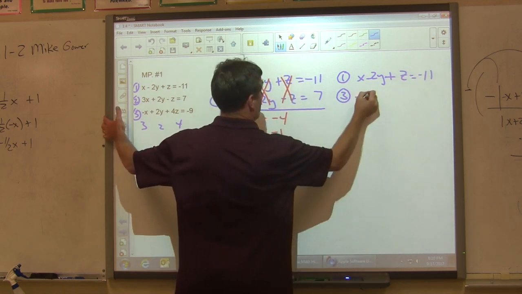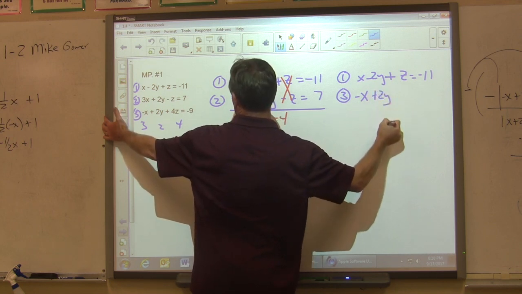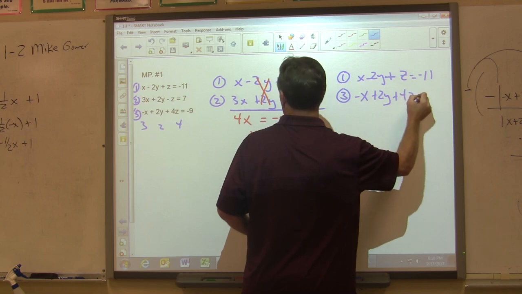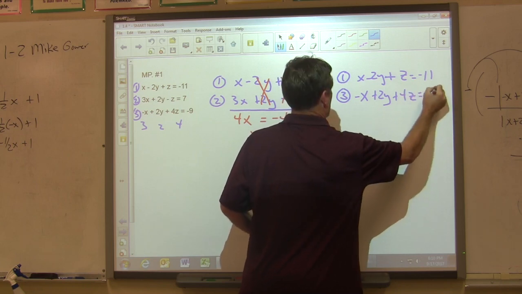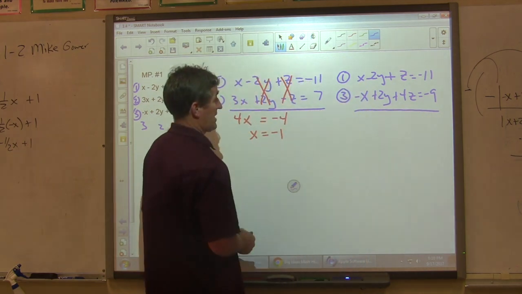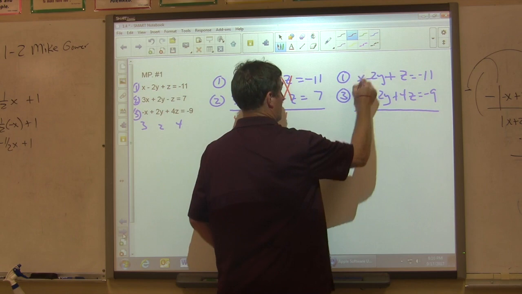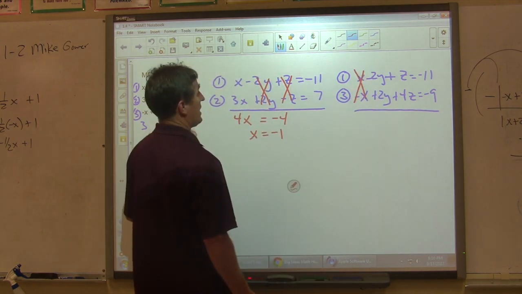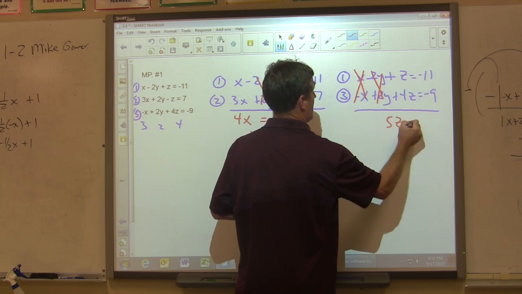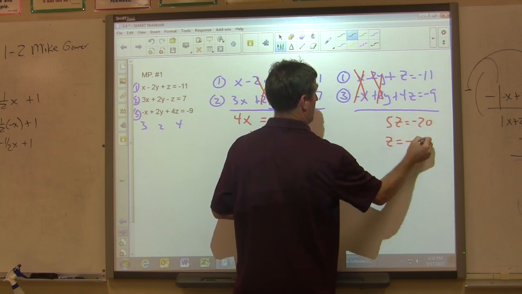And 3. So in this case, the x's cancel, they're opposites. The y's cancel because they're opposites, and so I get 5z equals -20, and so z equals -4.